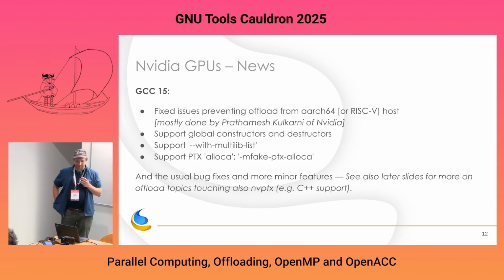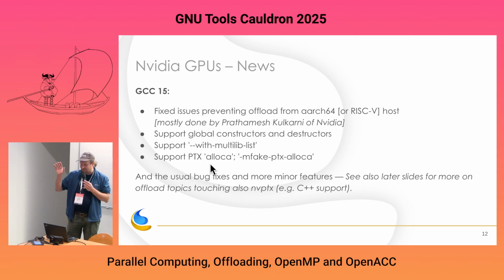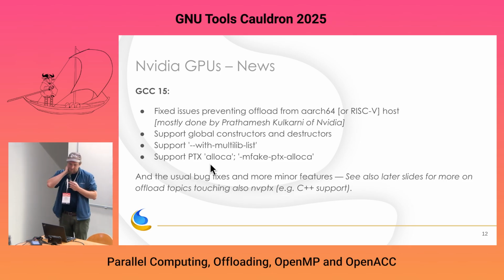Yeah, and similar for this alloca support. So PTX is kind of a high-level assembly language that is used for NVIDIA GPUs. alloca is not supported in the baseline version that GCC compiles for. Some newer versions support it, and we can enable that with -march whatever and -mptx whatever version appropriate.